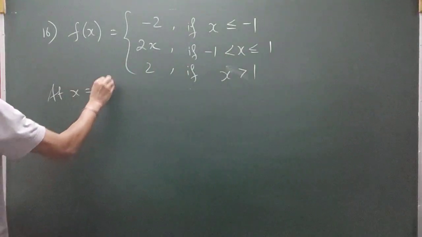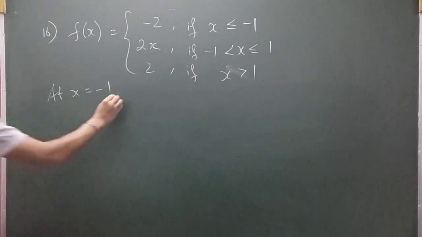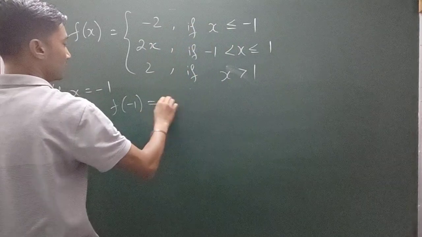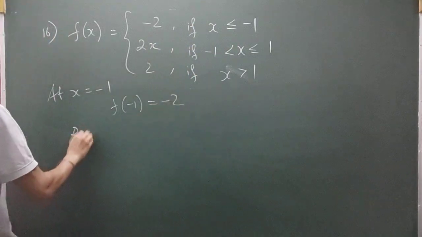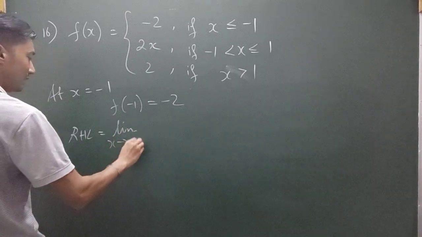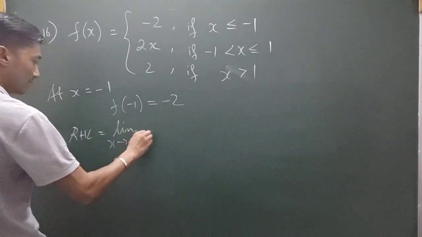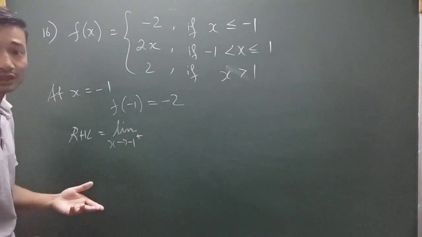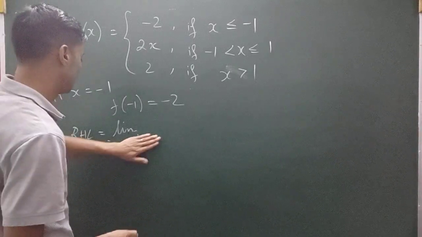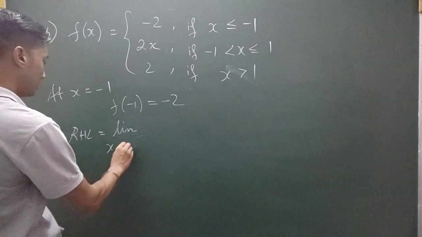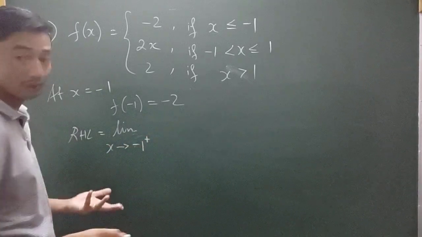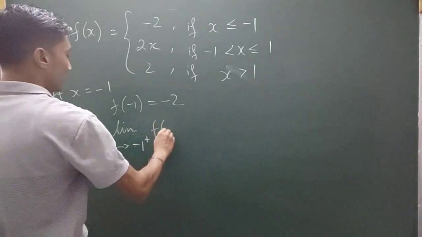At x equal to minus 1, let's begin. The value of the function at x equal to minus 1 is minus 2. The right hand limit, that is the limiting value for x slightly greater than minus 1, is the limit as x tends to minus 1 plus of f of x.